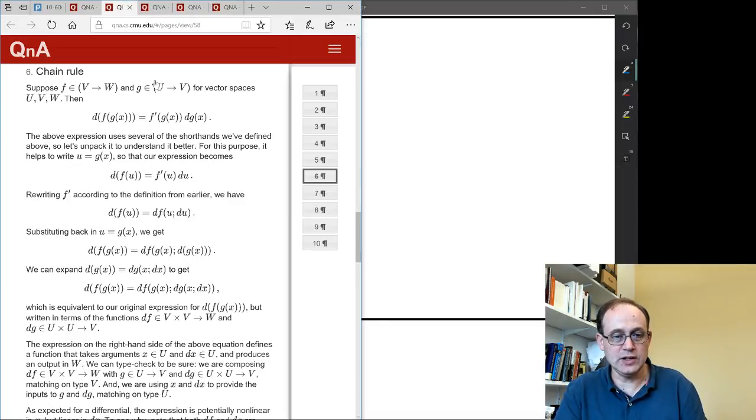All right, so basically what we've just done is the chain rule, which should be a very familiar form. If you take the ordinary derivative of f of g of x, that's f prime of g of x times the derivative of g. And here the difference is just that we're using the differential operator instead of the d by dx operator, for example.